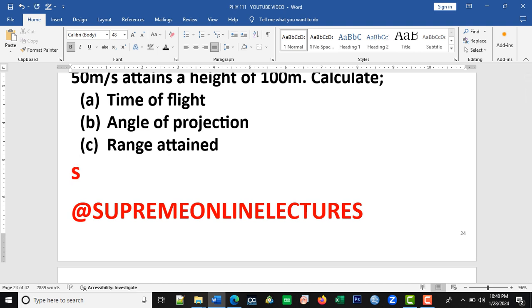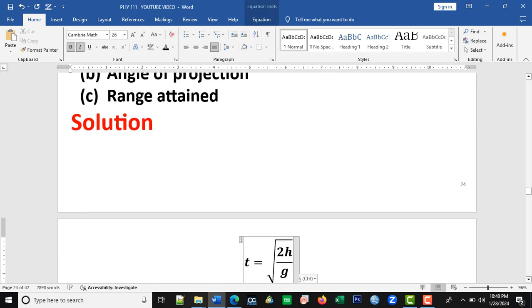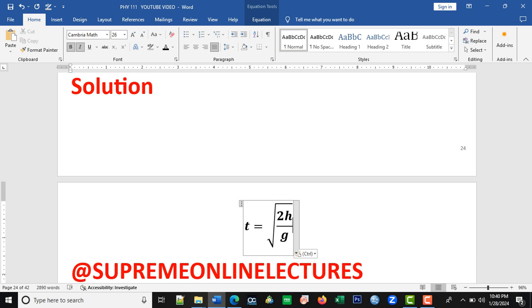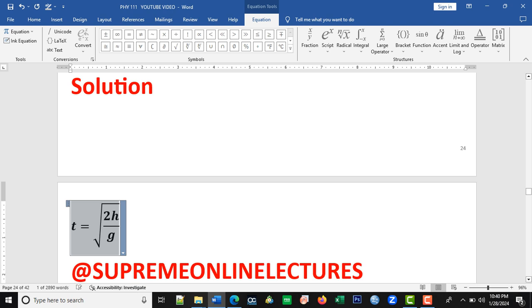solution would give us the time for the projectile to go up. And for us to get the time of flight, it means we have to multiply whatever we would get here by 2 to get the time for it to go up and the time for the projectile to come down.